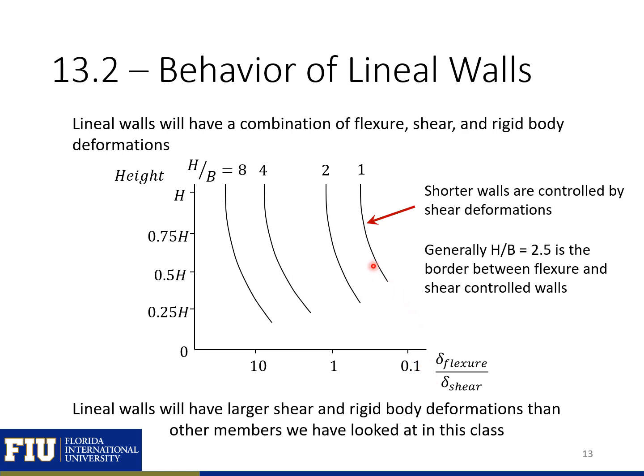So here the majority of our deformations are from shear deformations. As our aspect ratio increases, our deformations become more dominated by flexure. So generally an aspect ratio or H/B ratio of 2.5 is the border between where flexure and shear are going to control our walls.